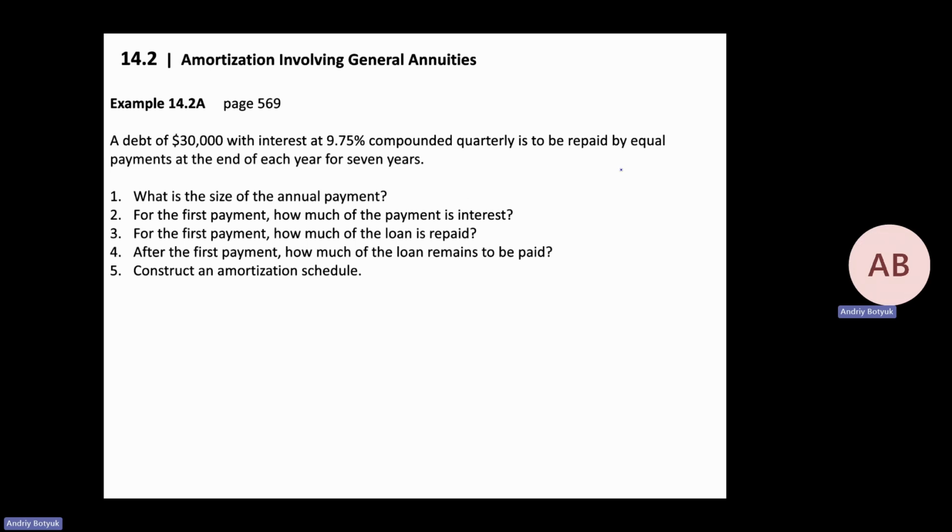So I have present value 30,000, I have quarterly compounded interest rate, and I have PY 1, T is 7. Okay. Find the payment using anything you prefer, formula or calculator.